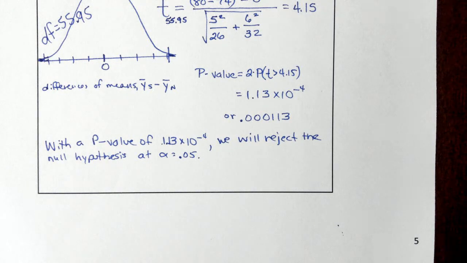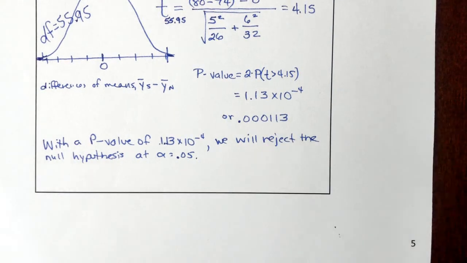Second sentence is a context sentence. If we reject the null, it means we have evidence to support the alternative. And the alternative is that the mean pulse rates are different.